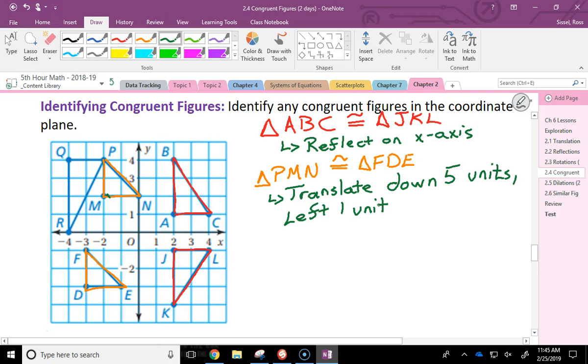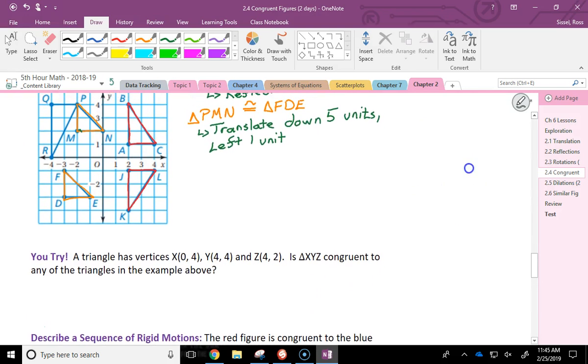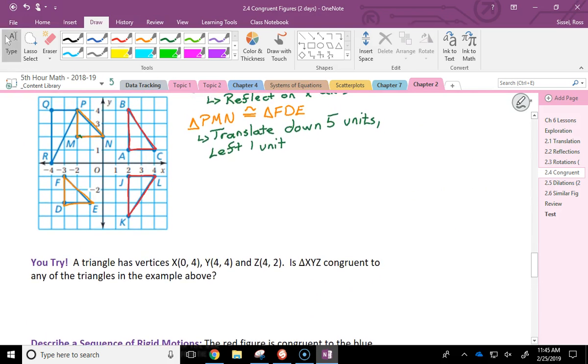Alright, looking at the next part, you're supposed to try this.